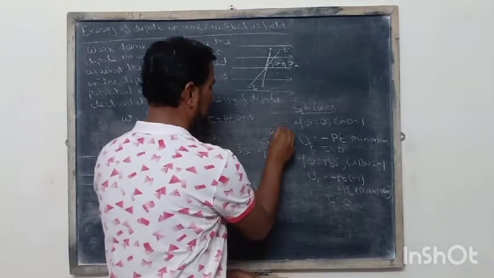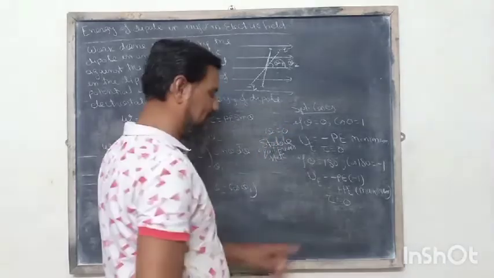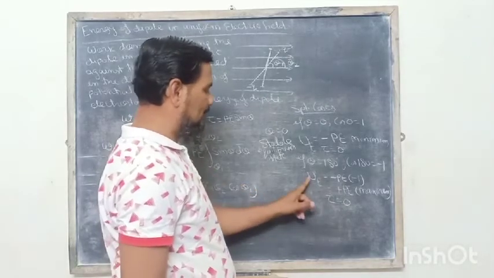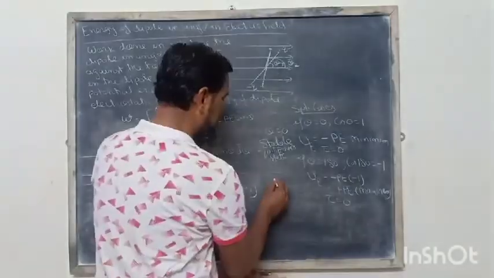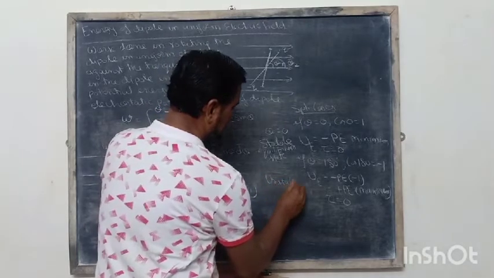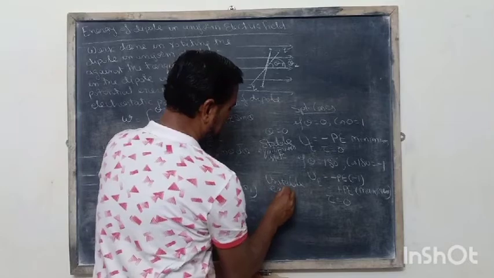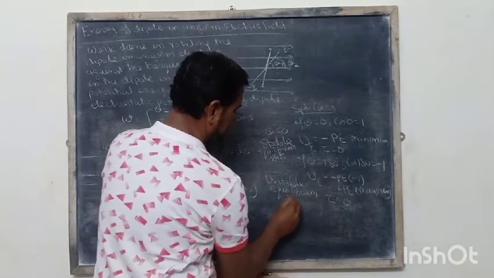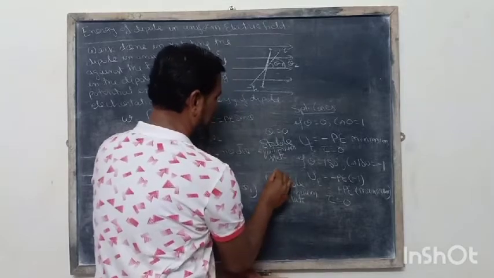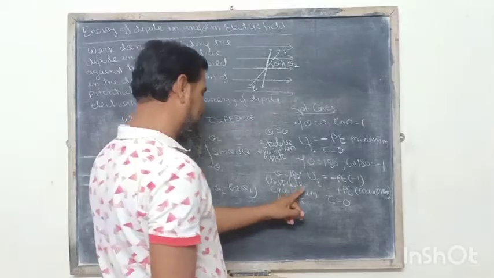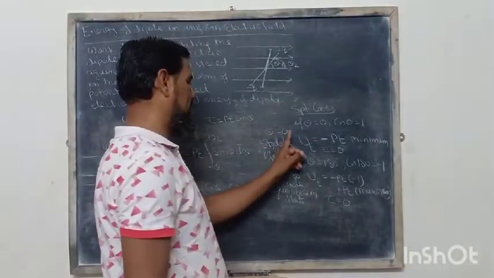Theta is equal to 0 is called stable equilibrium state. In the case of theta 180 also the torque is 0 but the potential energy is maximum. This is called unstable equilibrium state.